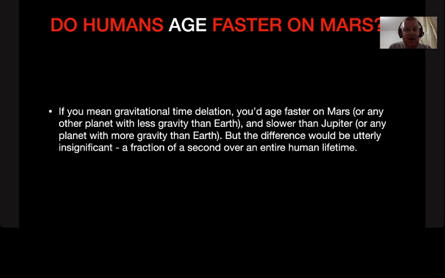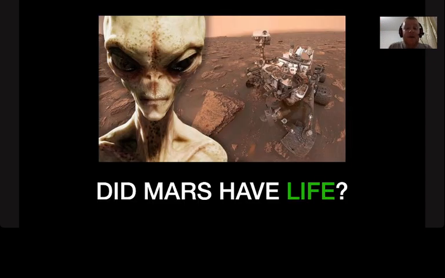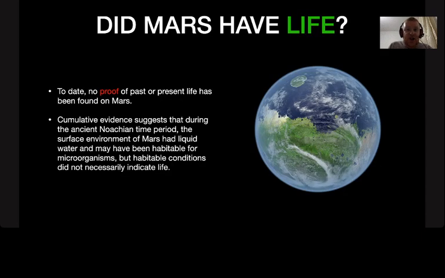So next, did Mars have life? This is the $1 billion question for all of us. This is what we all wanted to know, if Mars actually had life on this planet. Up to date, no proof of past or present life has been found on Mars.